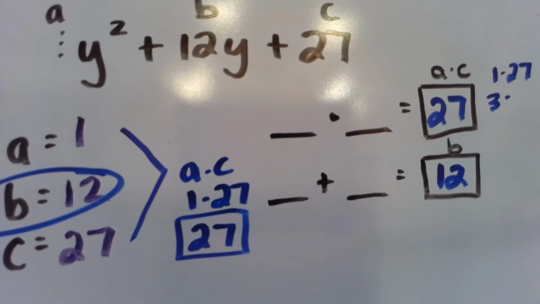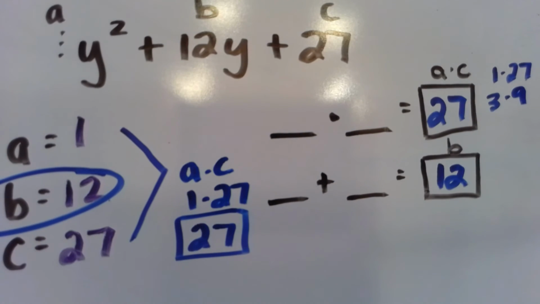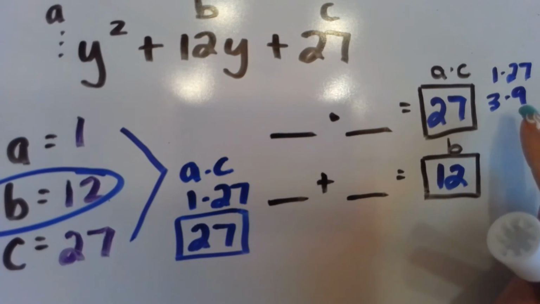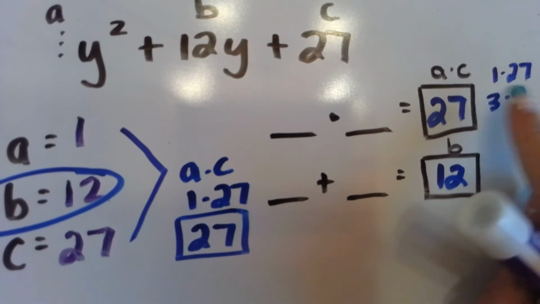So 3 times 9 equals 27, and that's it. Those are the only two pairs that can go into 27. So let's figure out which one we're going to use. These two will multiply to 27, and we're trying to get them to add to 12. Which one can bring us closest to 12 just by looking at it?